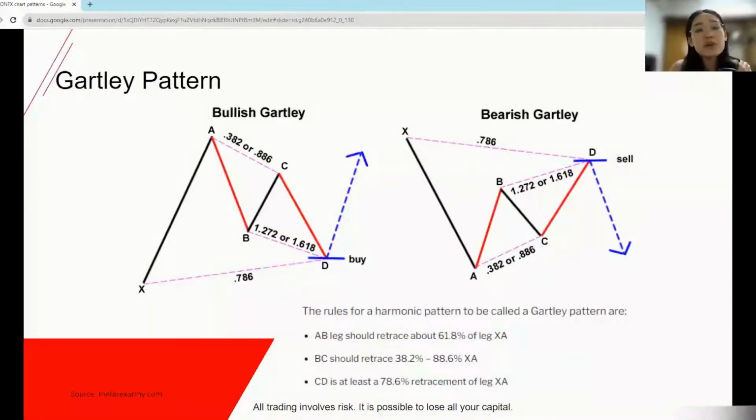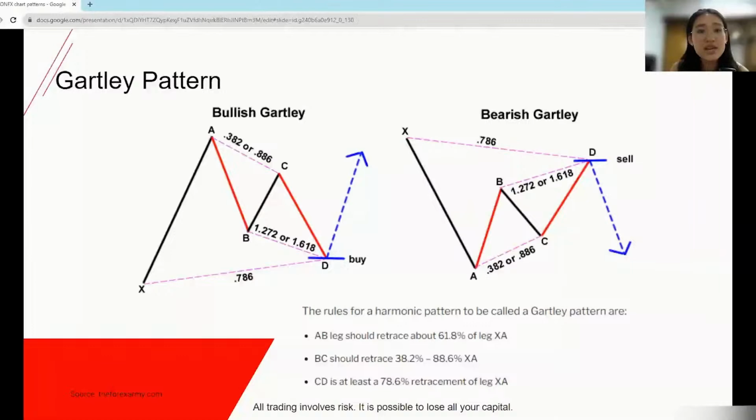A couple of patterns for you to take note of. We have the Gartley pattern, which is the best known harmonic pattern. After the impulse wave at XA, the corrective leg should end at 61.8, a 61.8 retracement of XA.